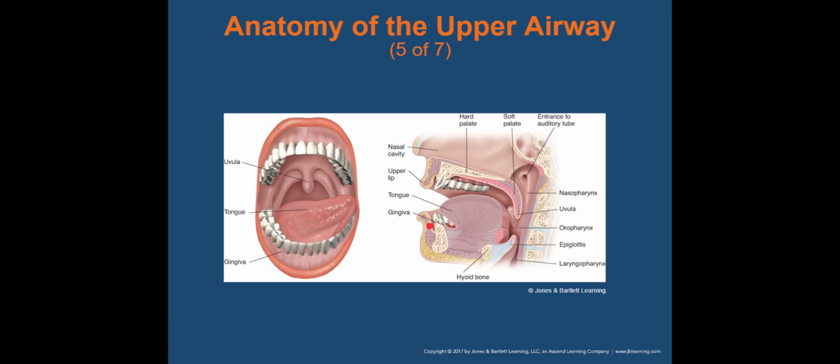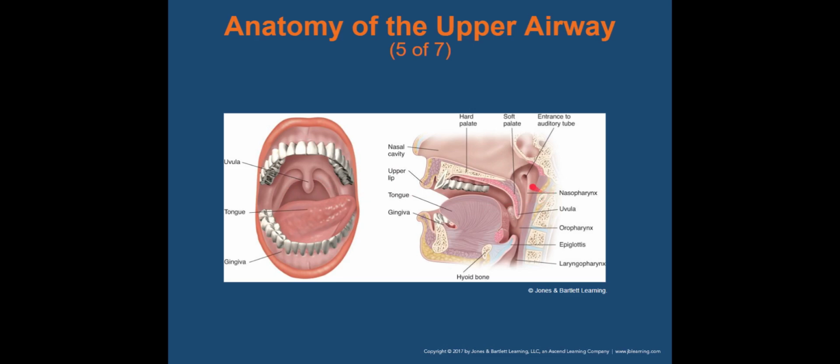All right, so we're just going to point out a few of these structures related to the oral pharynx, just superior to the laryngopharynx. Okay, so here we have the entrance into the oral cavity. Back here is where the oral pharynx is located. Now, if you look to the anterior view, you'll see back here is where our tonsils are.